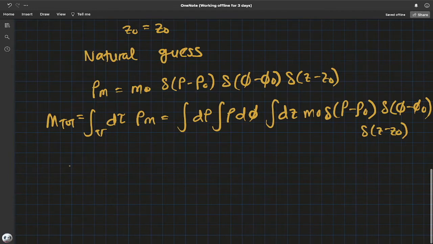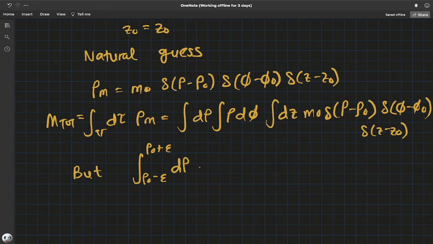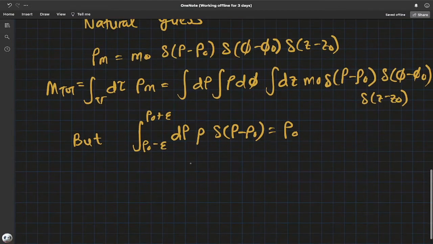And then what we notice is, if you look at the rho integral, take an arbitrarily small neighborhood around rho naught, you have d rho, rho delta rho minus rho naught. If you calculate this, it just becomes rho naught by the property that I discussed in the last video of the Dirac delta. So this means everything else just becomes 1 because of the definition of the Dirac delta.